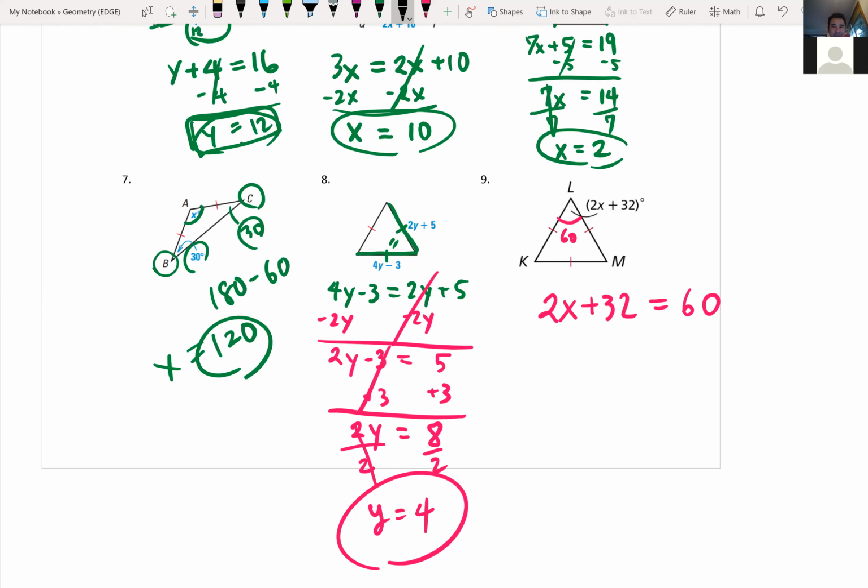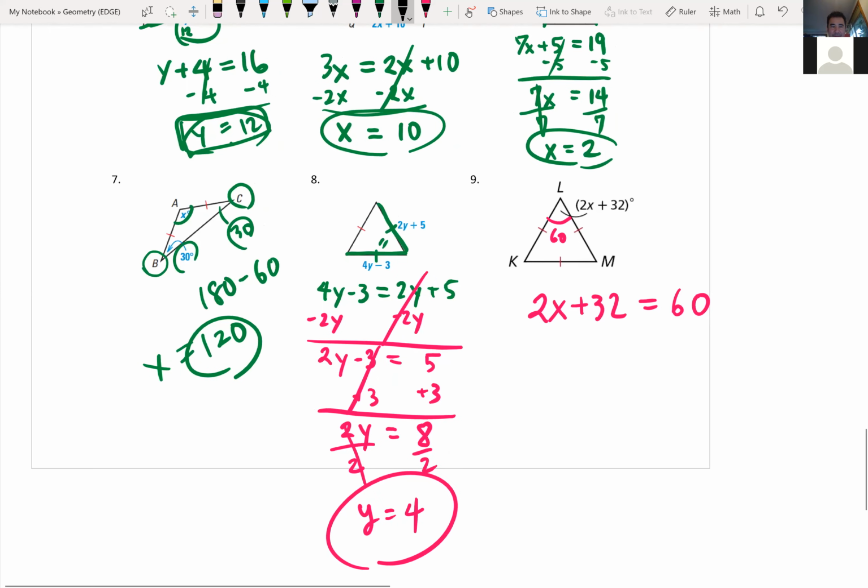And now let's finish. If you haven't solved this yet, let's solve this right now. What do you do next? You help me, guys. What do you do? Subtract 32. Is that what you did?